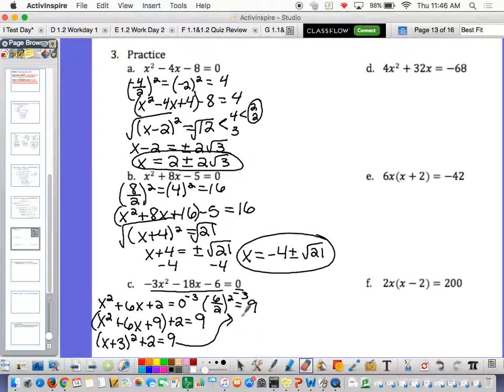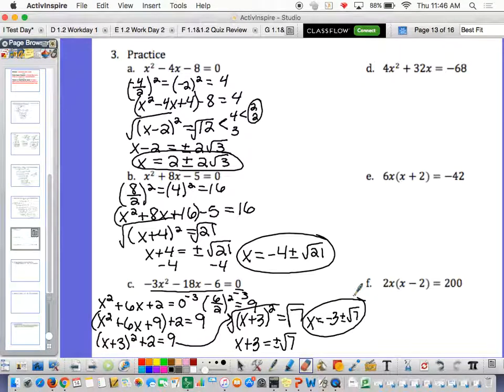You subtract, so x plus 3 squared equals 7, square root, x plus 3 equals plus or minus the square root of 7, so we subtract 3, x equals negative 3 plus or minus the square root of 7. Awesome. Okay, that's great.